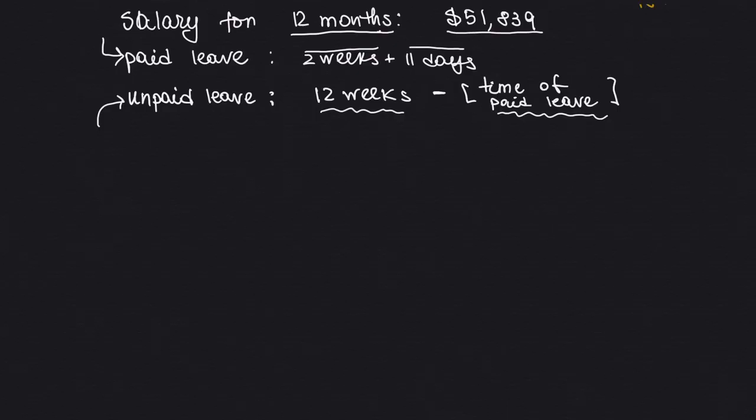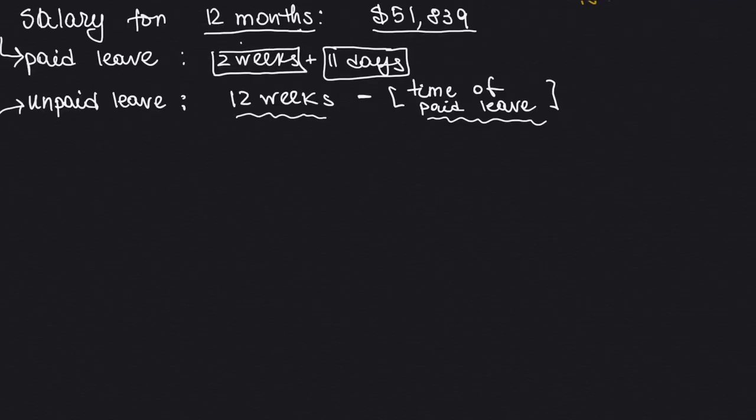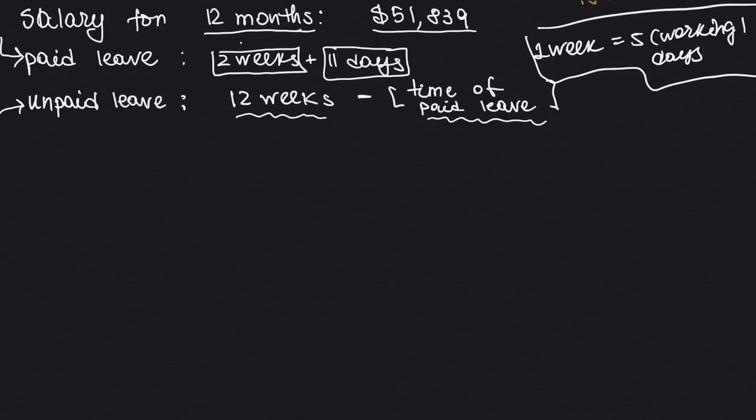Right. So now the thing is that these are in different units, right? This is 2 weeks and this is 11 days. We know that every week has 7 days. That's true. However, Sam only works 5 days per week. So 1 week is 5 working days for Sam as far as this computation is concerned.